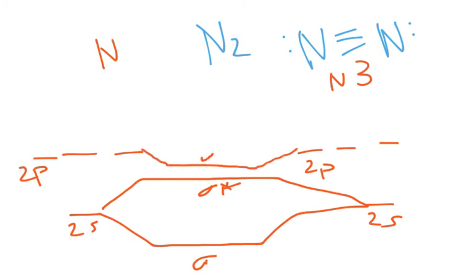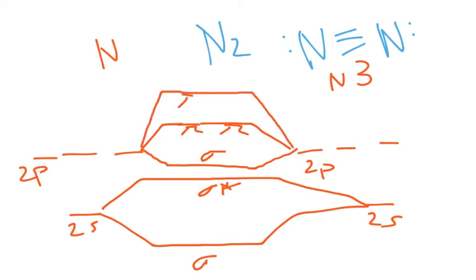Then for here, what will actually happen is that you'll have 2 spots for the pi bonds, and then you are going to have the anti-bonding pi orbitals, and then last but not least, the anti-bonding orbital for the sigma bond. So it looks like that, a little messy, but we can deal with this.